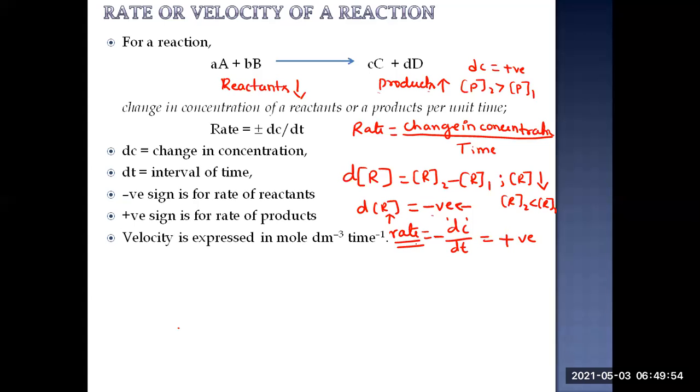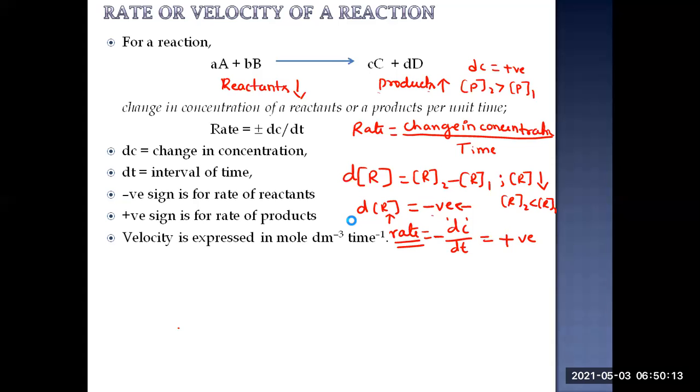Now, the unit of velocity or rate. So, what is there in the numerator? Change in concentration. The concentration unit is mole per dm cube. What is there in the denominator? Time. The unit of time is seconds.